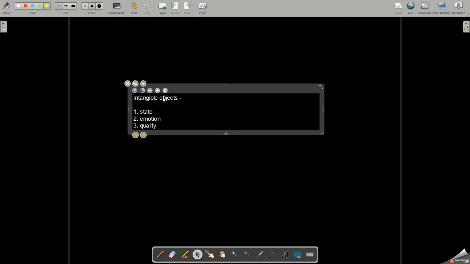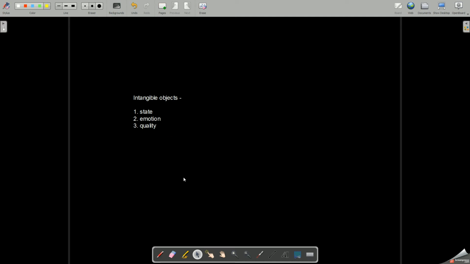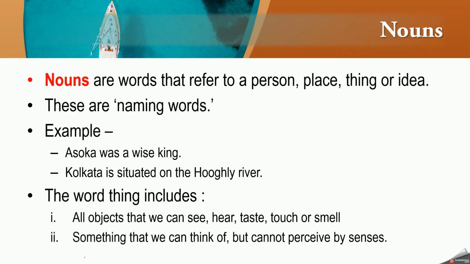So these are the things which are represented when we talk about any kind of abstract object. So you can see the marked words, these are nouns.